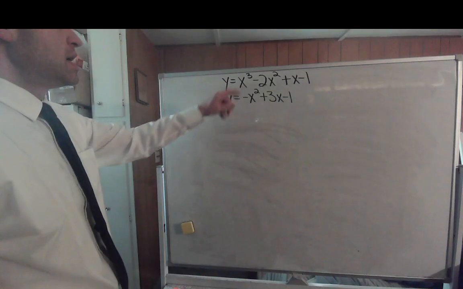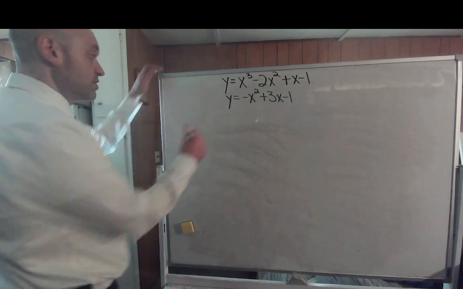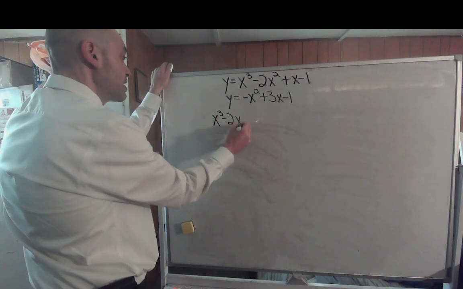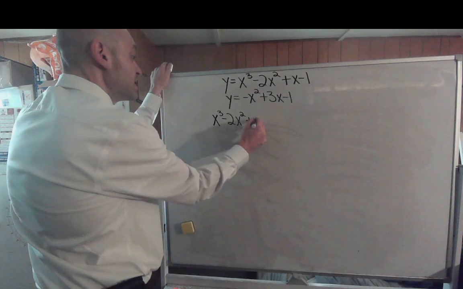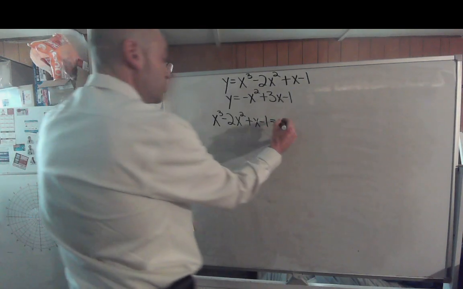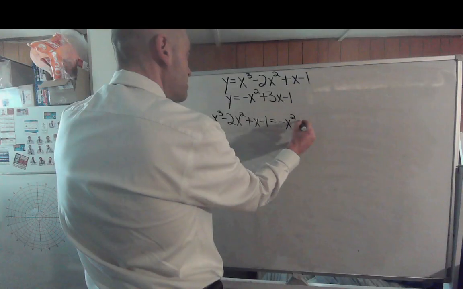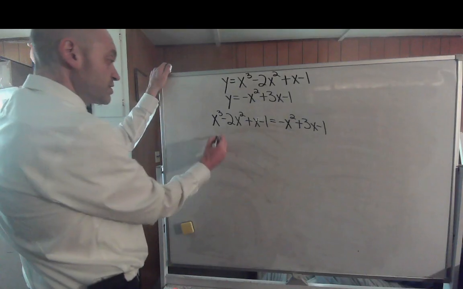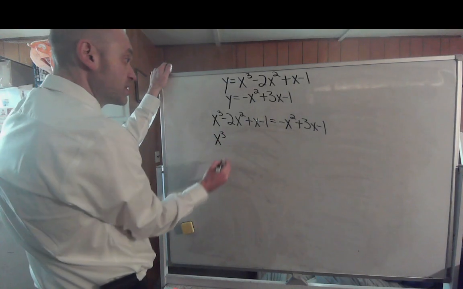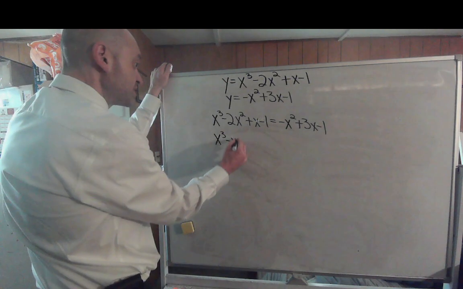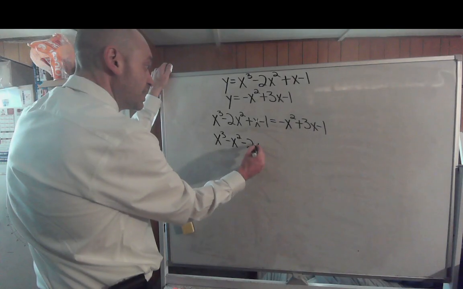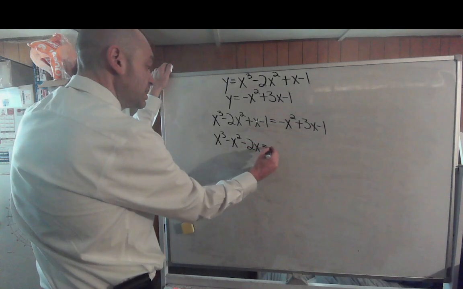So let's set one equal to the other. So you'll end up getting x to the third minus 2x squared plus x minus 1 equals negative x squared plus 3x minus 1. So this would become x to the third minus x squared minus 2x equals 0.